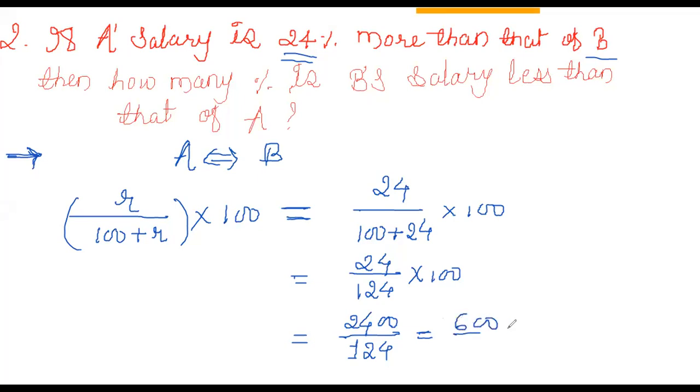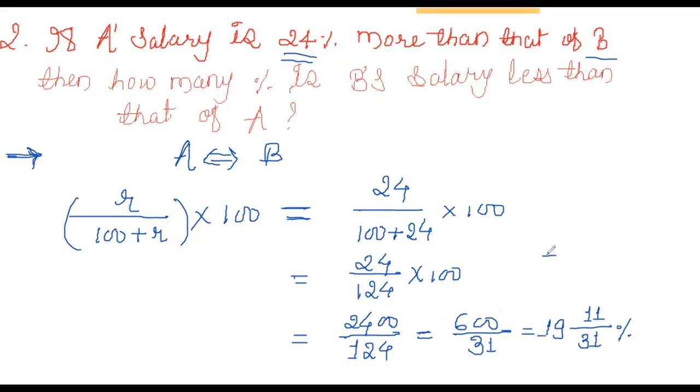It gives 600 divided by 31, dividing by 4 in numerator and denominator. In fraction, we are getting 19 and 11 by 31%.